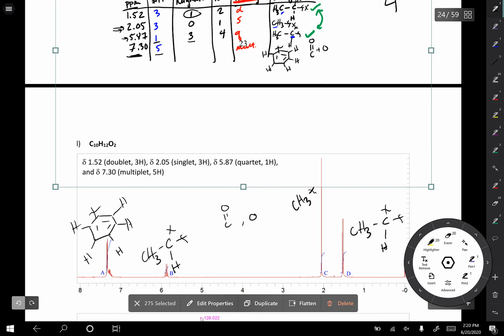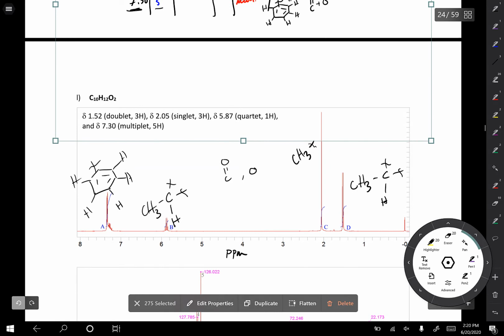One of the things you're going to notice is when you look at this spectra. For example, C and D are both alkyl. They are both saturated CH bonds. How come C is shifted further downfield? Well, this is because it's bound to something electron withdrawing, and we talked about that in the last video. Electron withdrawing. All right, what do we have that's electron withdrawing? Well, we have a carbonyl and we also have an oxygen.